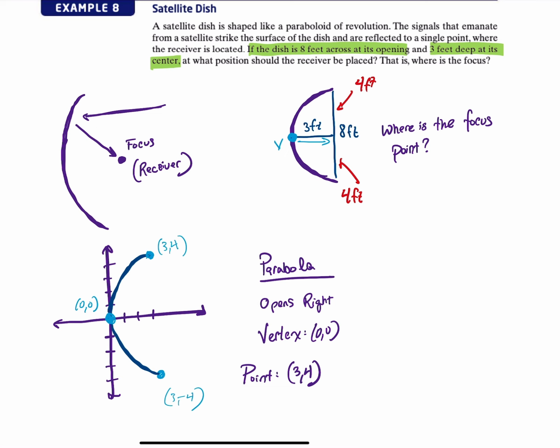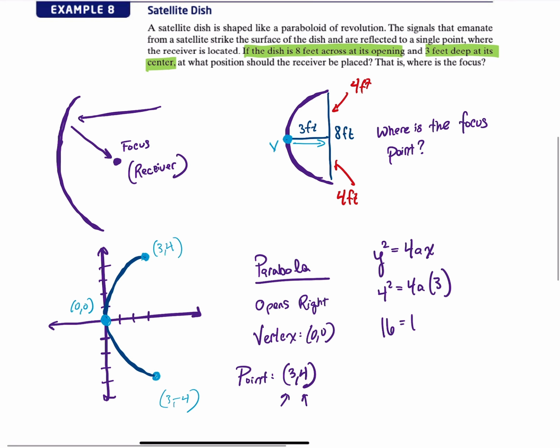If it's opening to the right, it should be in the form y squared equals 4 times a times x. So we have an x and y value. Let's just plug that in. Y is 4, so 4 squared should equal 4 times a times 3. That gives us 16 equals 12a. So let's solve for a.